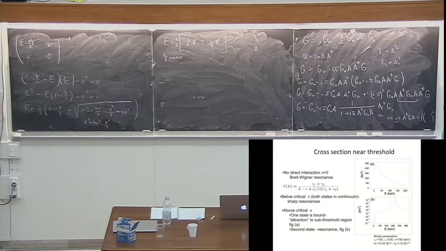And you can even have, so this is when one state is bound, so you can have an attraction to this bound state. So this is an example when one of those two states is a bound state. But like we discussed earlier in the lectures, if you have an S-wave state close to threshold, then your cross-section has this behavior, which we saw before.